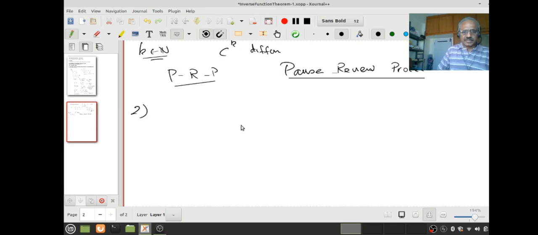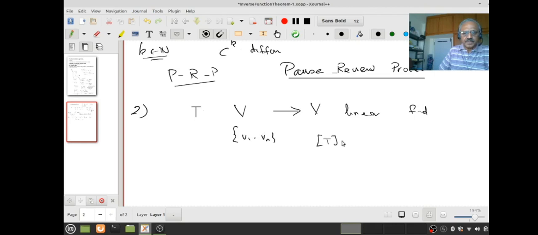The other aspect is, let us look at a vector space V, and suppose I have a linear map T, or f if you want, from V to V. So assume these are all finite dimensional. Now if I give an ordered basis v1 to vn, assume n dimensional, then I can write the matrix of T as something like aij. Okay, let's not worry about how it's done.